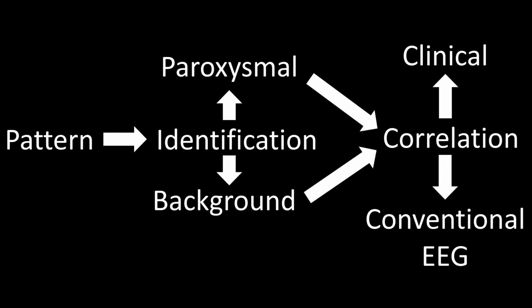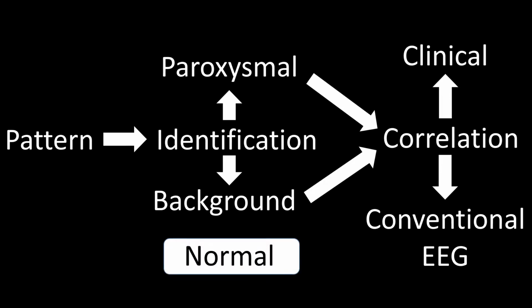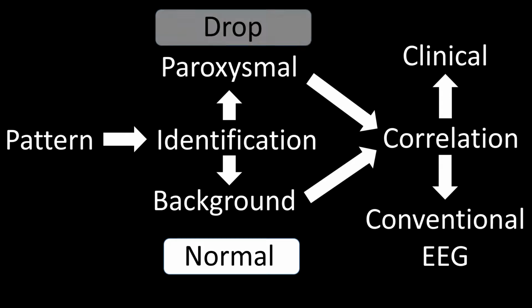Here I have represented the algorithm I used to analyze the overall amplitude tracing. In this case, the background is normal, but there was a paroxysmal drop that required clinical and conventional EEG correlation.